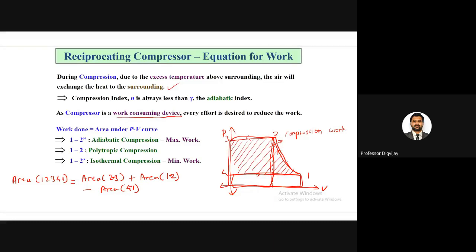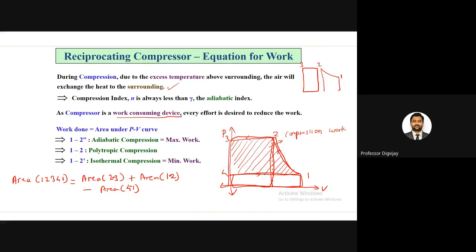Those having trouble understanding how to calculate this area, see what I have done here. I will show at this point here. So I have taken an area 2 to 3. So this is your area 2 to 3. To this, I have joined another area, that is the area under 1 to 2. So this is 1, this is 2.